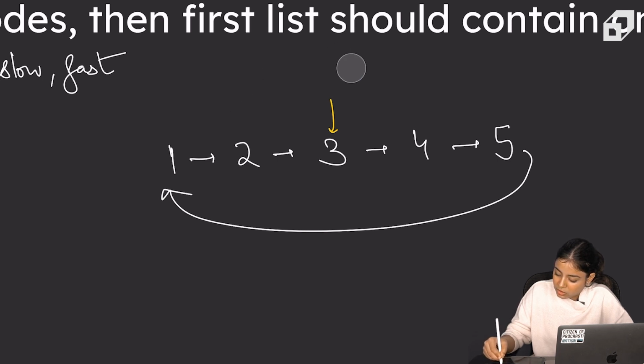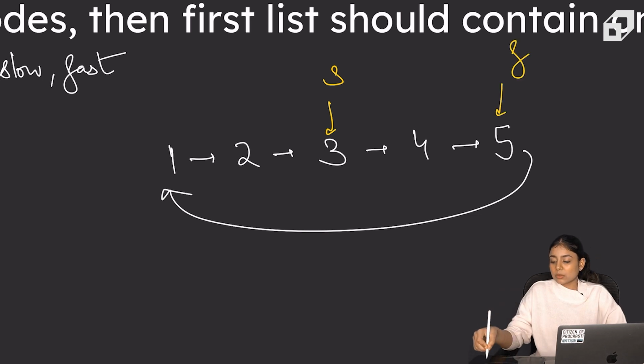In the next iteration, I'll have my slow at 3 and fast at 5. Now you can see fast has reached 5, which is the last node. In that case, I can say that my slow pointer is now at the middle of my linked list, which is at 3, right?